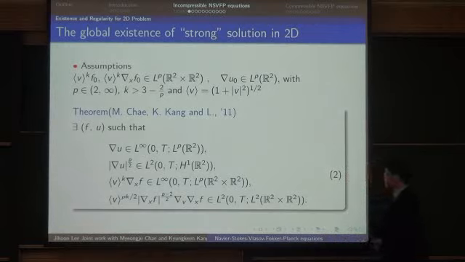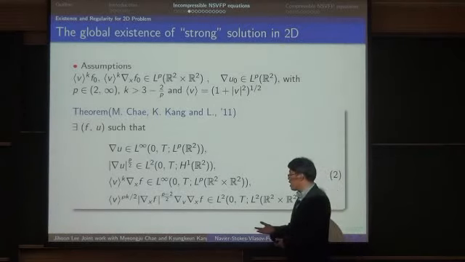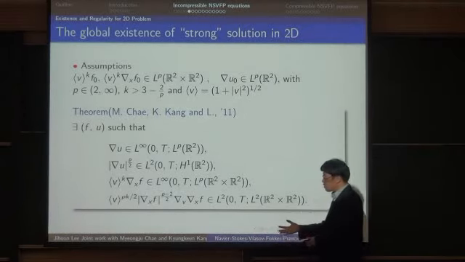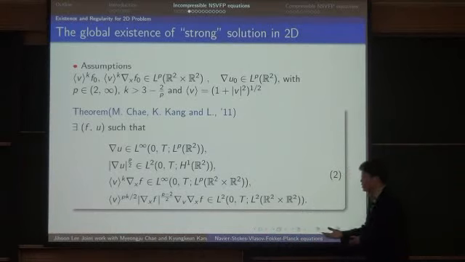In two dimensions, if we consider the Navier-Stokes equations, we can have global existence of strong solutions.